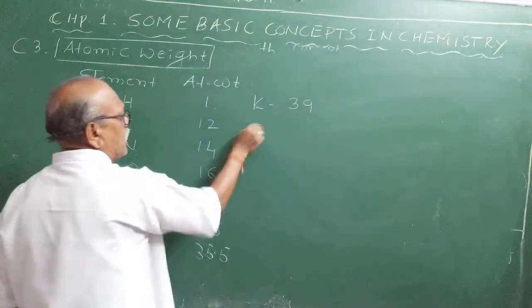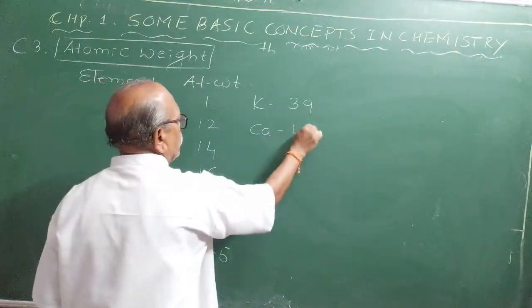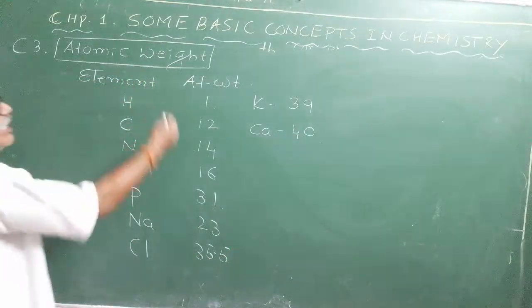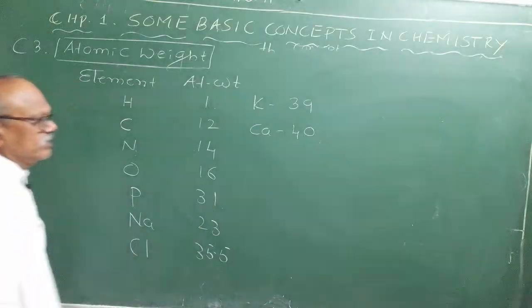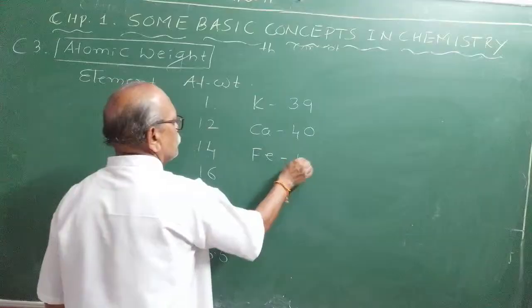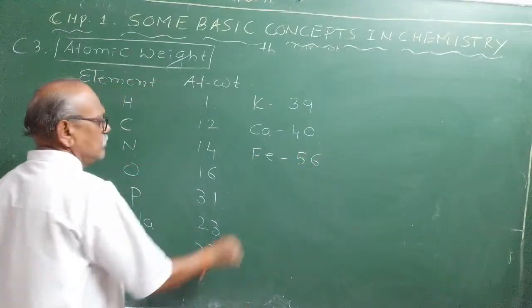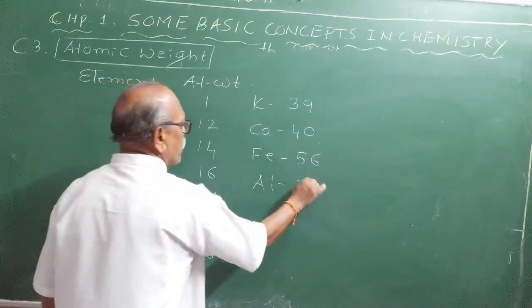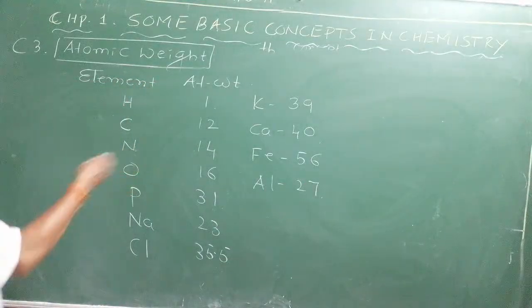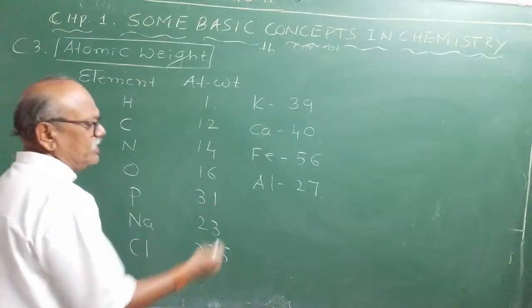Calcium is taken as 40 for calculation purposes. Later they are useful to calculate molecular weight. Iron atomic mass is 56. Aluminium atomic mass for calculation is taken as 27. Note them down and remember them, which is very important for calculation of molecular weight.